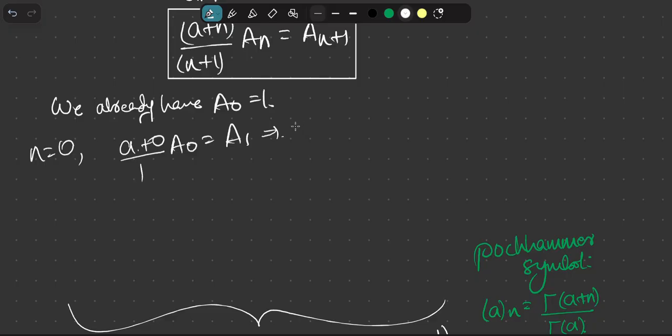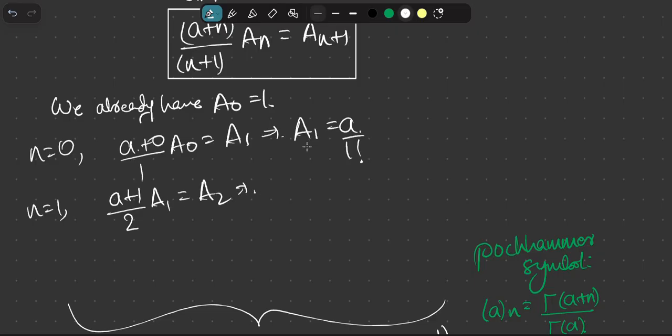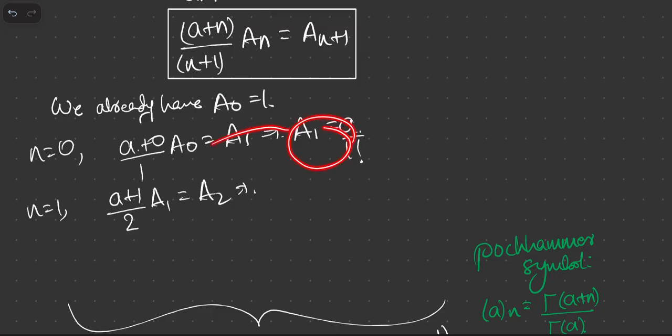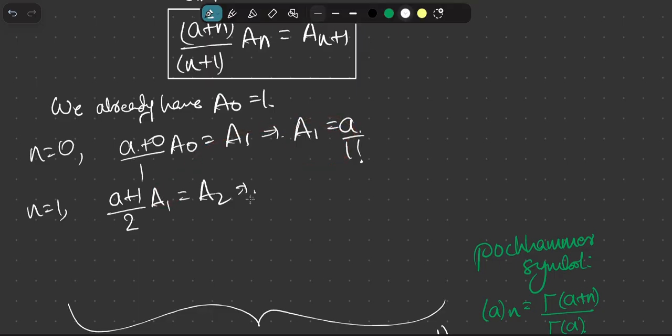So from here you can say a1 equals a over 1 factorial. When n equals 1, it's a plus 1 over 2, and a1 equals a2. If we plug a1 back, that gives us a times a plus 1 over 2 factorial, since 2 times 1 factorial is just 2 factorial.